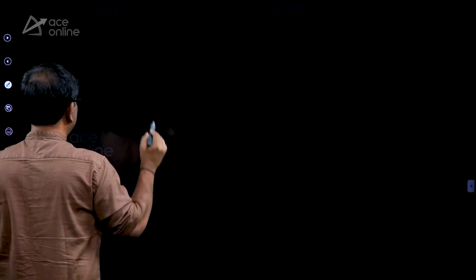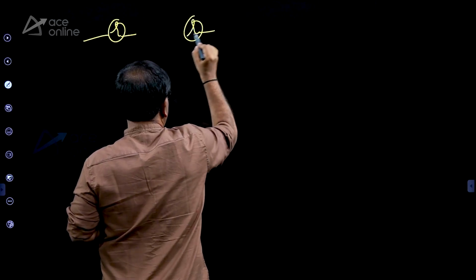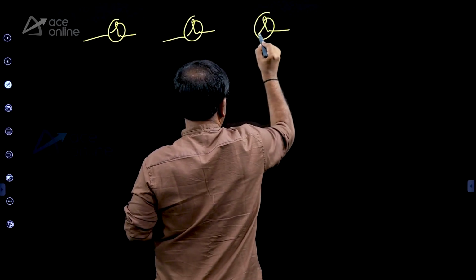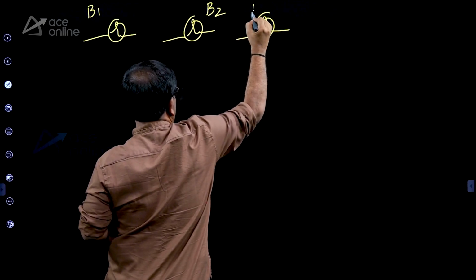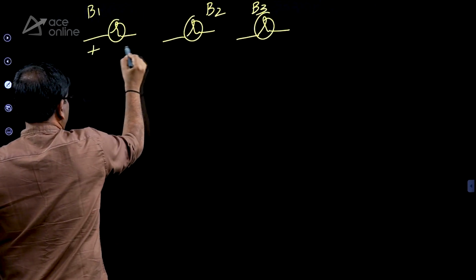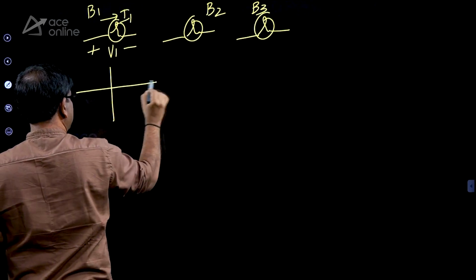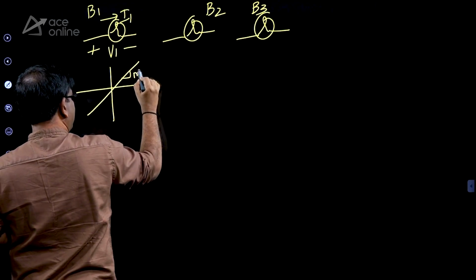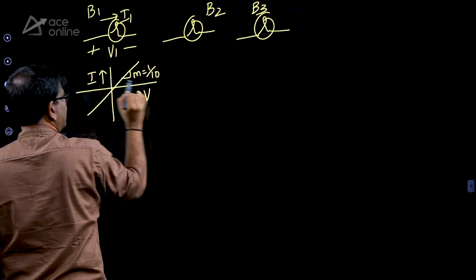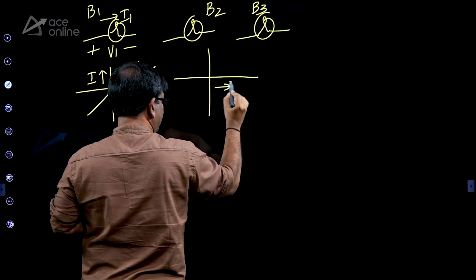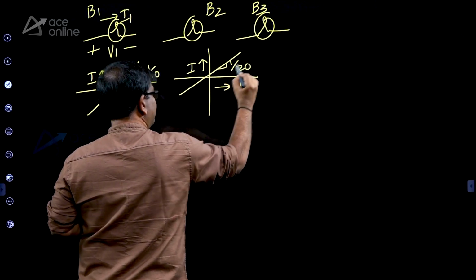Say for example, I am having 3 bulbs. This is bulb 1, bulb 2 and bulb 3. The VI characteristics of this bulb has a slope of say 1 by 10. The VI characteristics of this bulb has a different slope, say 1 by 20.